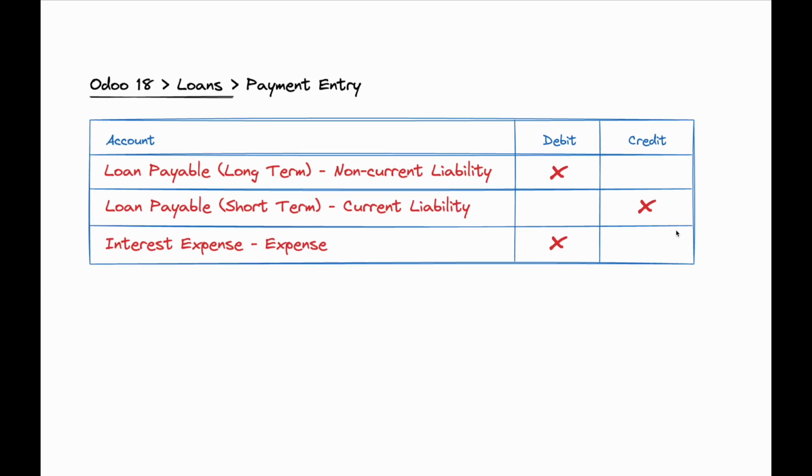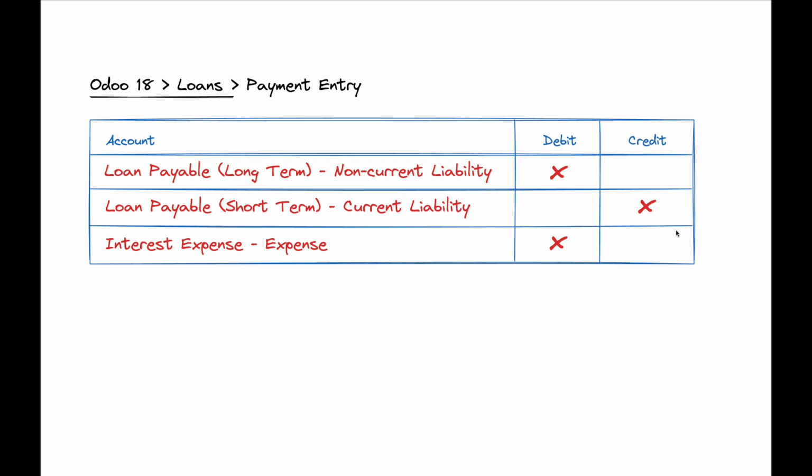So let's look exactly at those journal entries. The first one is the payment entry. And we'll see that we're going to debit our long-term payable account, that non-current liability. Then we'll credit our loan payable short-term current liability. Then we'll debit our interest expense account. So our interest expense account is going to increase our expenses.